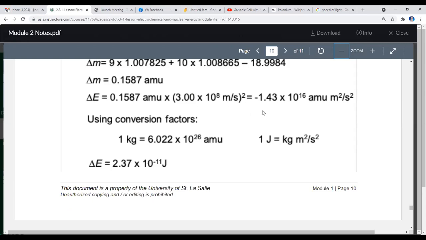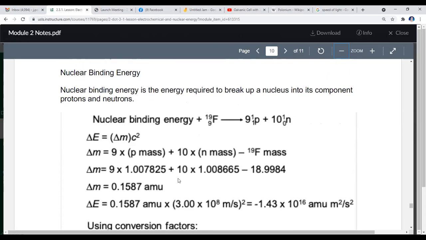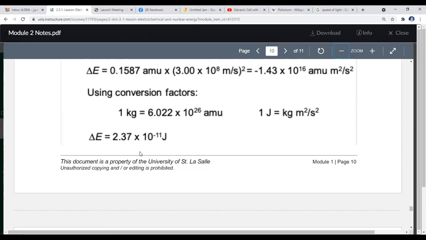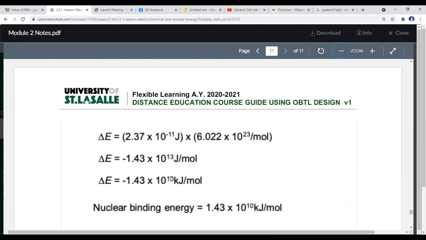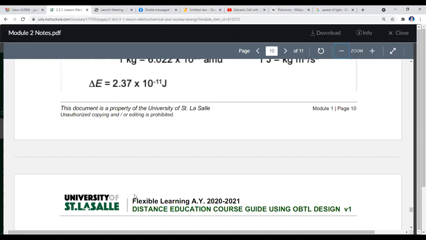Our answer here for the delta E in the splitting of the fluorine atom is 2.37 times 10 raised to negative 11 joules. Again, it should be negative because it's released energy. Okay? Now, if you're going to convert that to kilojoules, it's negative 1.43.